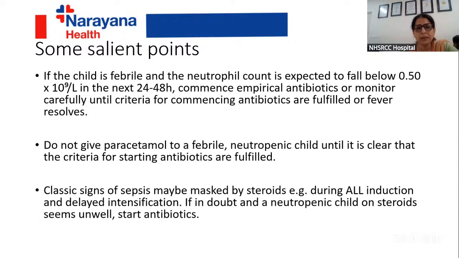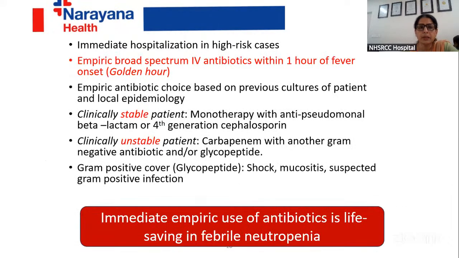Don't start paracetamol unless you've categorized the child as having febrile neutropenia according to the definition. And if the child is on steroids, then there may not be classic signs of sepsis like fever. Then you look at the SIRS signs like hypotension, tachycardia, tachypnea, send the cultures and start the child on antibiotics. So if you think this child is high risk, you immediately hospitalize the child.